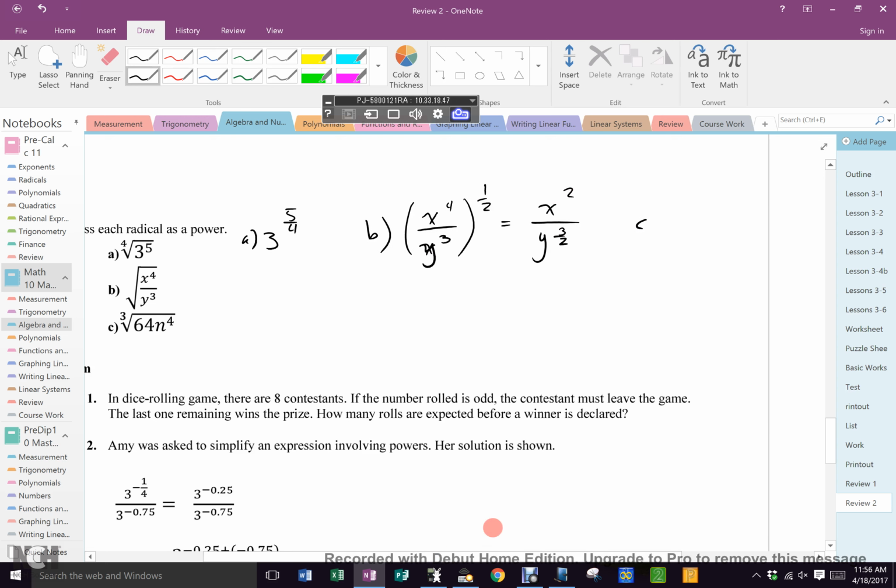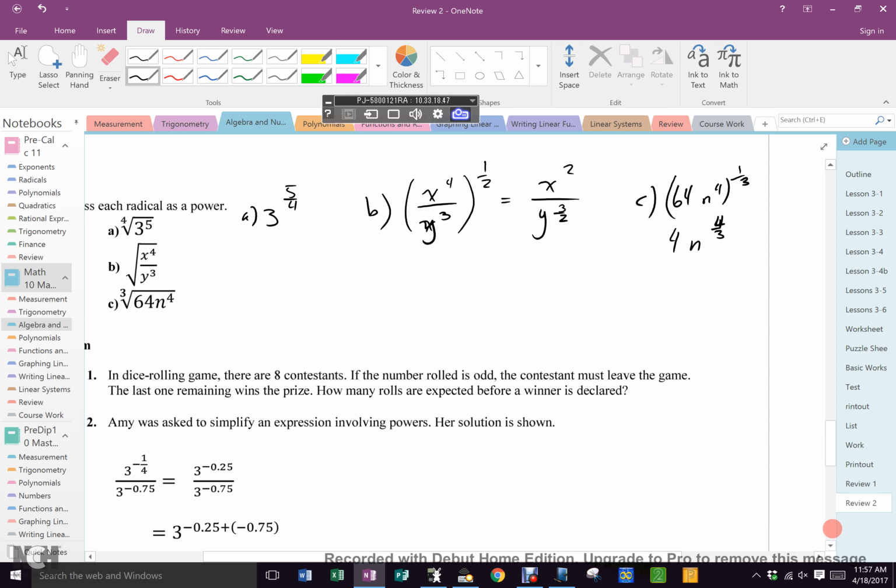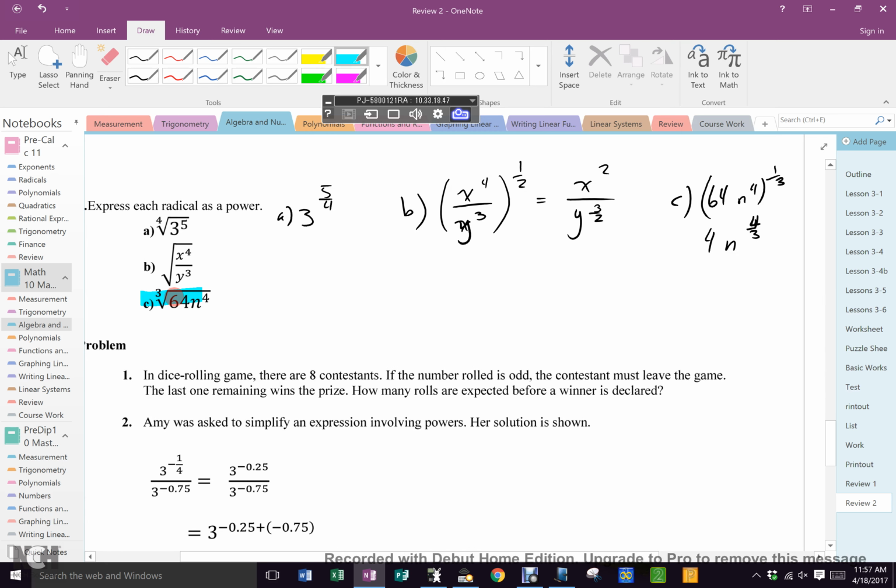And C, that's a tricky one, is 64 n to the 4th, all to the 1/3. So that is 4n to the 4 over 3. This one is bonusy. If you didn't get that one, no problem at all. That's bonus. But you should have been able to do A and B.